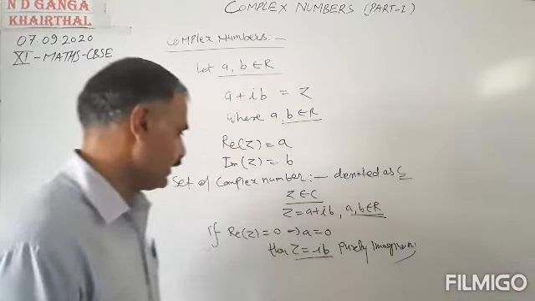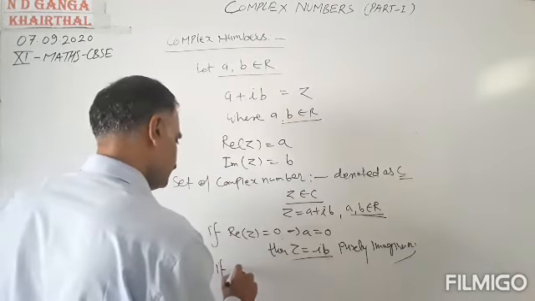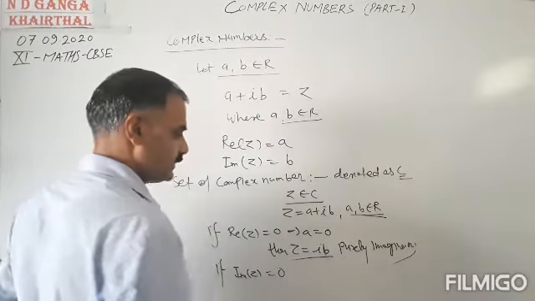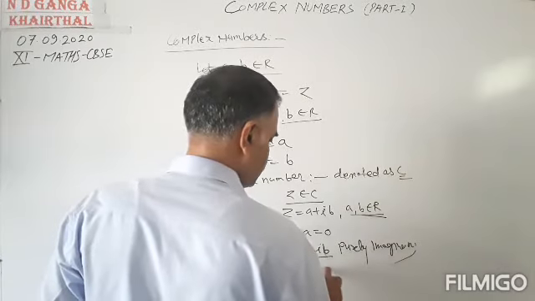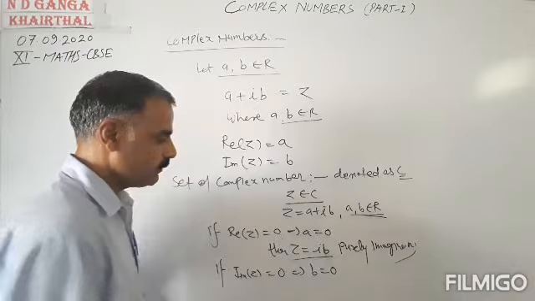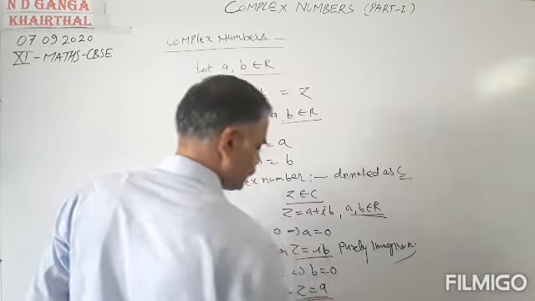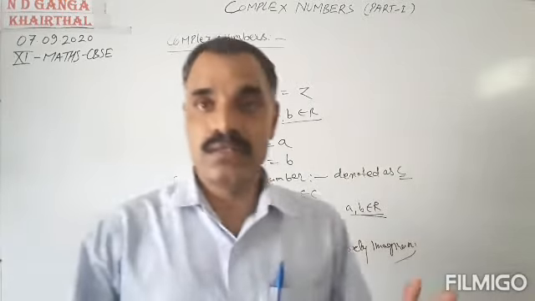And if the imaginary part of z equals 0, meaning b equals 0, then z equals a, the real part.